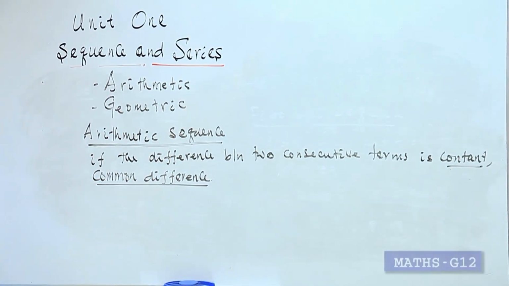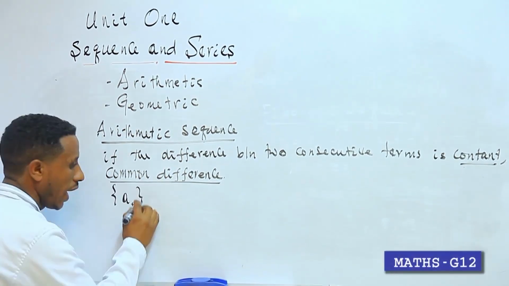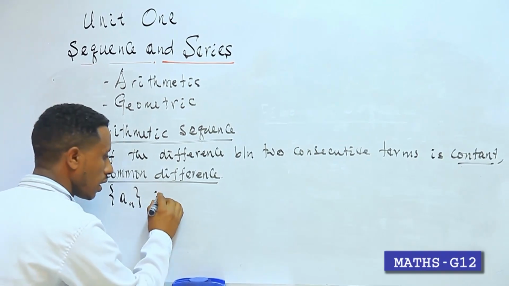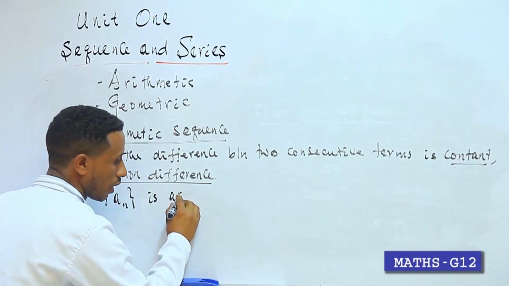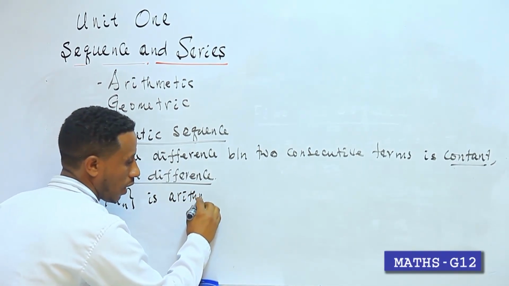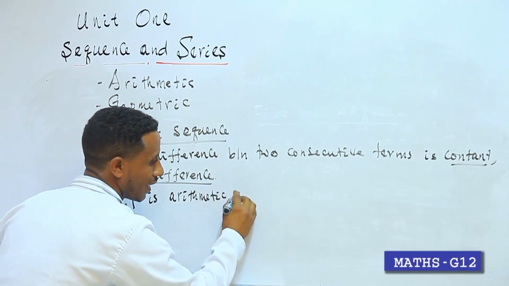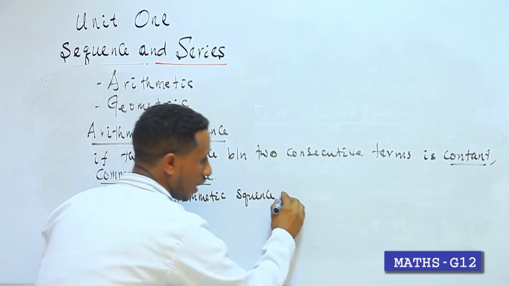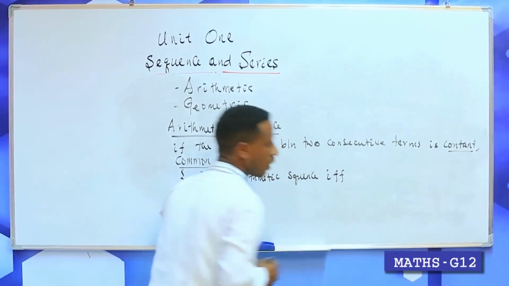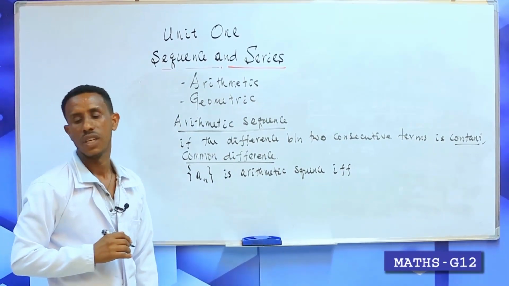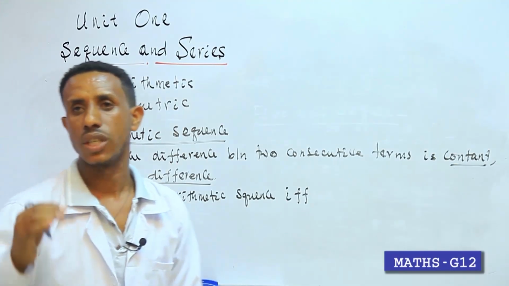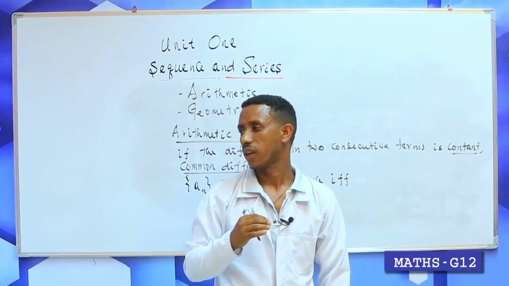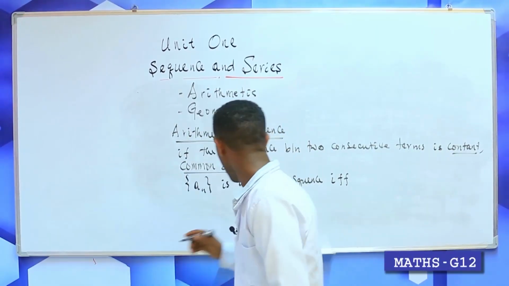A sequence a_n is arithmetic if and only if this relation holds.